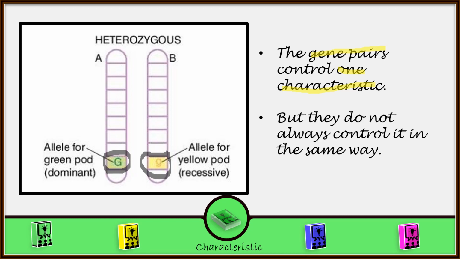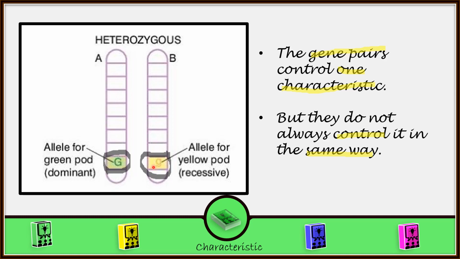But they do not always control it in the same way. It is not that these two genes are going to control the characteristic in the same way. For example, when you look at this one on chromosome A, it is a gene for green pod. And when you look at chromosome B, this is a gene for yellow pod.